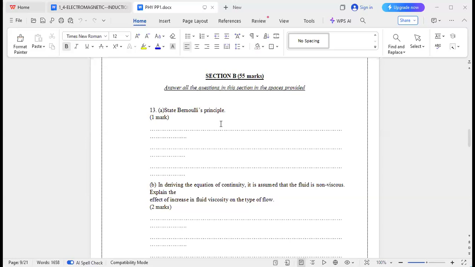So remember to mention all the three conditions. It must be incompressible, it must be non-viscous, and it should flow in a streamlined manner.